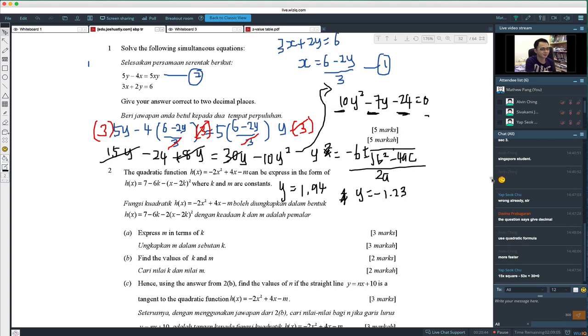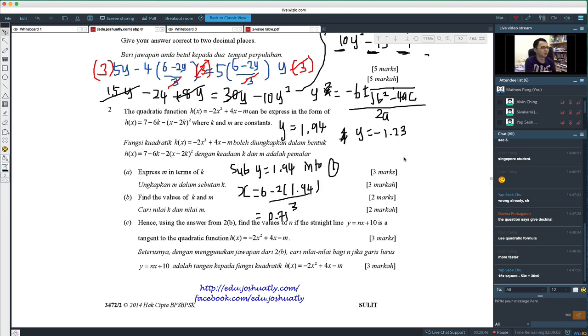So you will do the same thing for the second value. I will just erase this one and this one also, because there's no way for me to write here. Now I substitute the value of -1.23 into equation 1.